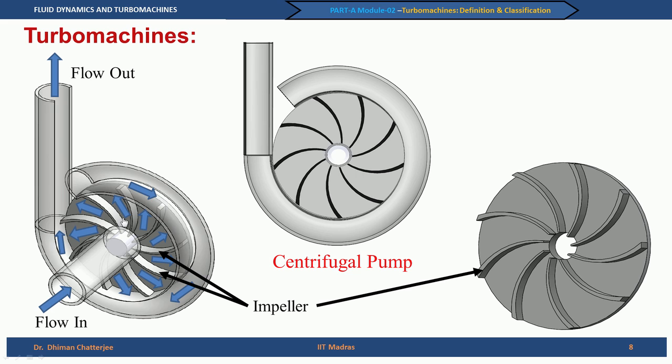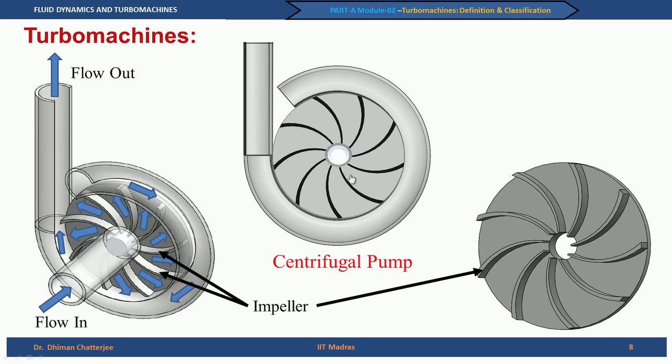Then the fluid goes through each of these vane passages, the passage between two blades, let us say blade 1 and blade 2. It is collected in the casing and then the flow comes out through the delivery pipe. The casing shown here is only representative. In actual cases, casings can be of different shapes, and that is a part of the discussion we will take up when we talk about the pump.